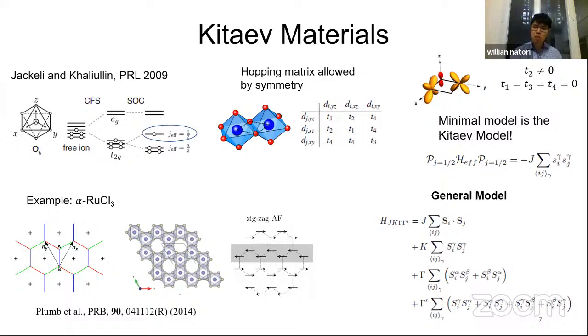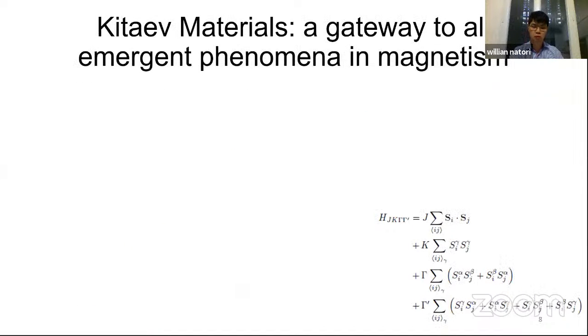But that's not a problem, because if you instead consider all these hopping parameters, you will derive this model here, the so-called J-K-Gamma-Gamma' model. And this model turns out to stabilize this phase. So it's actually explained by the theory developed by Jackeli and Khaliullin in some sense.